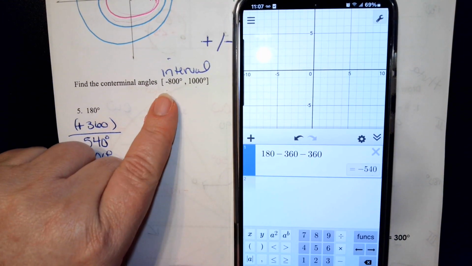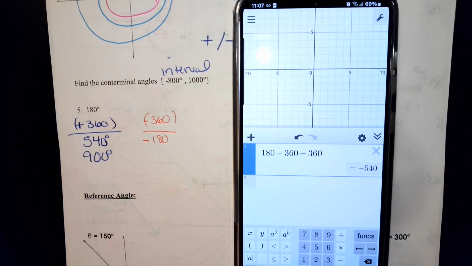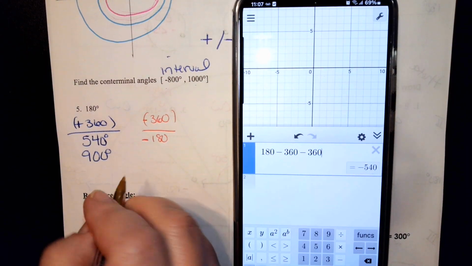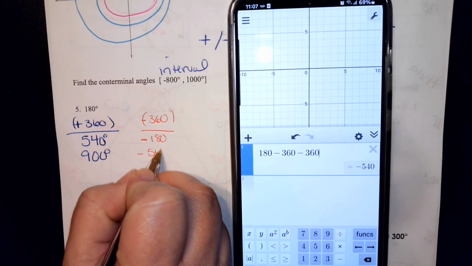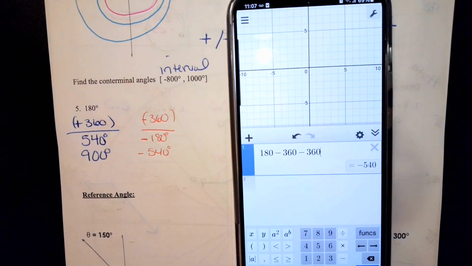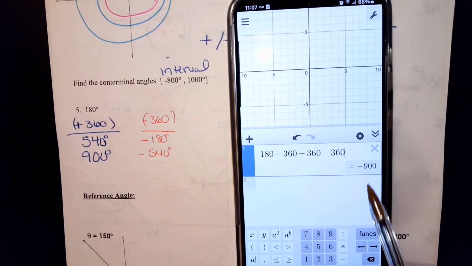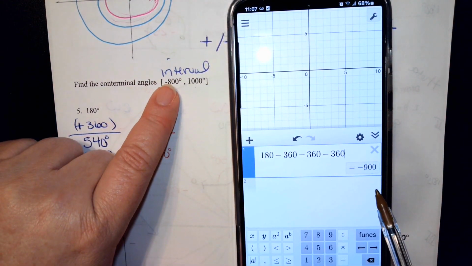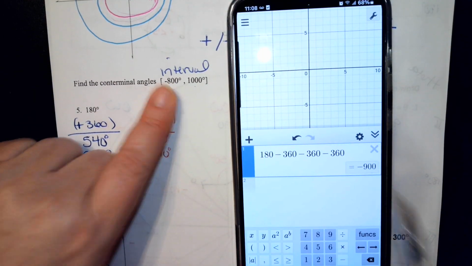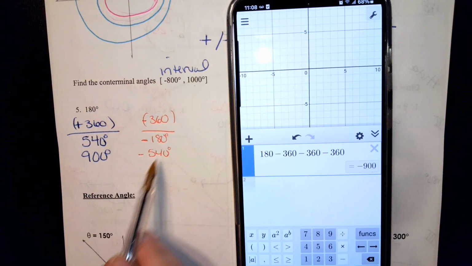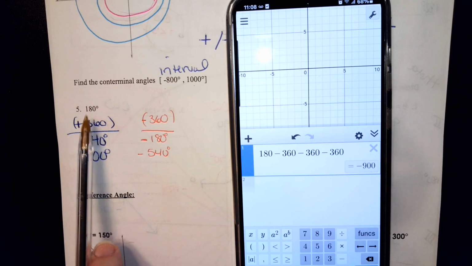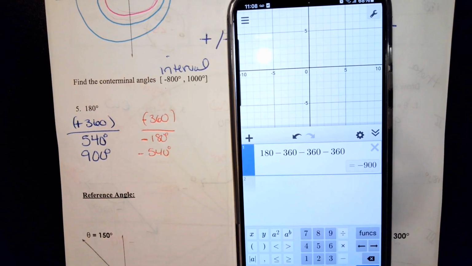Well, negative 540 is still between these two interval values. So negative 540 is another coterminal angle. Let's subtract another 360. We get negative 900. Well, negative 900 is beyond negative 800, so I cannot use that. So these are my four coterminal angles with 180 that are between negative 800 and 1000.